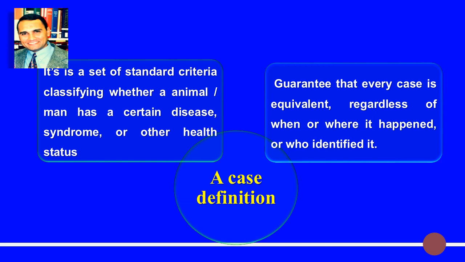So, when everyone uses the same standard case definition and a difference is observed, the difference is likely to be real rather than the result of variation in how cases are classified. Other case definitions, particularly those used in local outbreak investigations, are often related to the local situation.